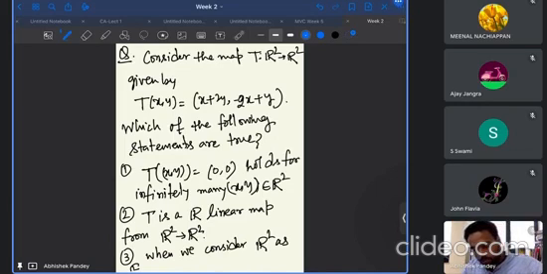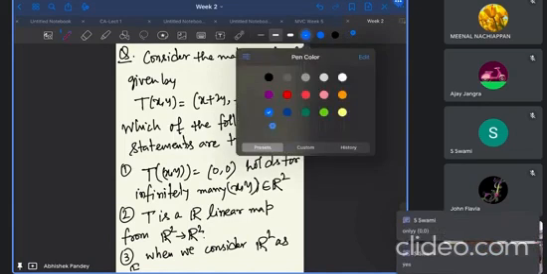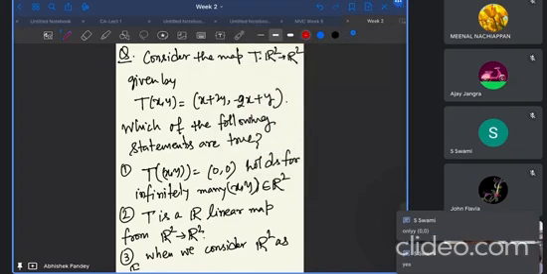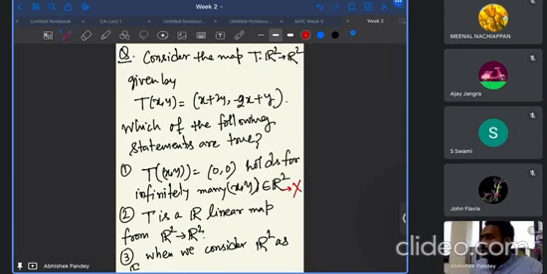So the first is wrong. Now what about the second one? T is an R linear map from R2 to R2.